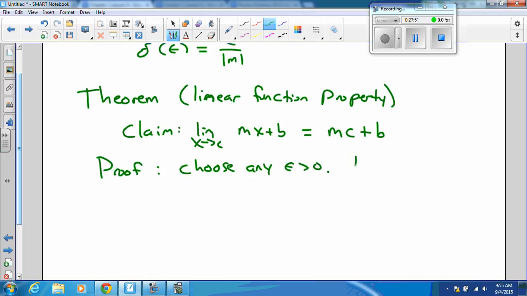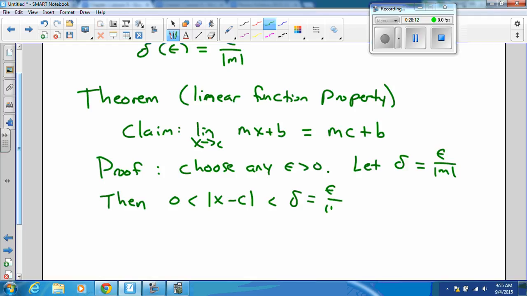And now let's actually do a delta epsilon proof to show that this is so. Choose any epsilon greater than 0. And let delta be epsilon divided by the absolute value of the slope.